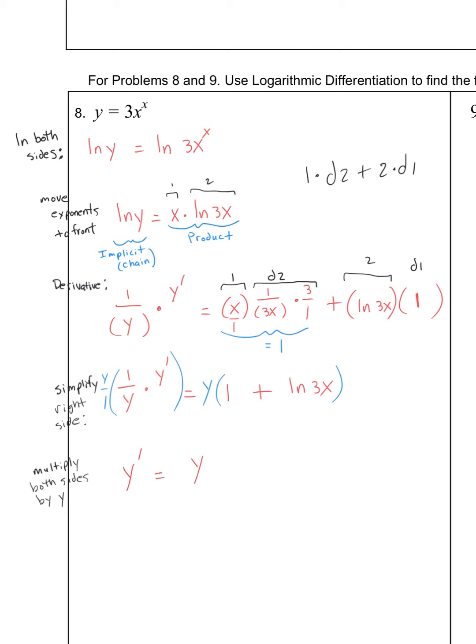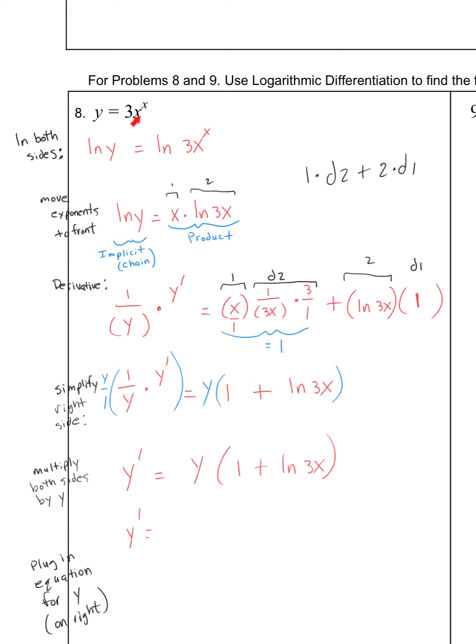On the right, we have y times 1 plus ln of 3x, and then my last step is to plug in my original equation up there for y, and that's of course on the right side. All right, so let's do it. Y prime is equal to, for y, right here, we go ahead and plug in this equation.